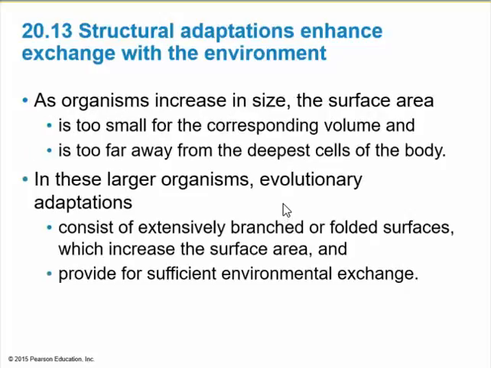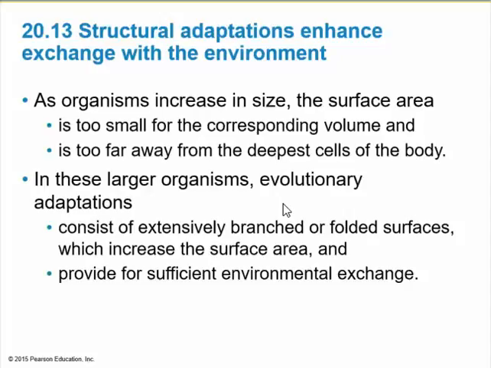Alright. So, organisms besides small flat organisms like the planarian flatworm, as they get big like us, there's not enough surface area to keep up with the volume. That poses some constraints on metabolism, but larger animals have adaptations to get around that.